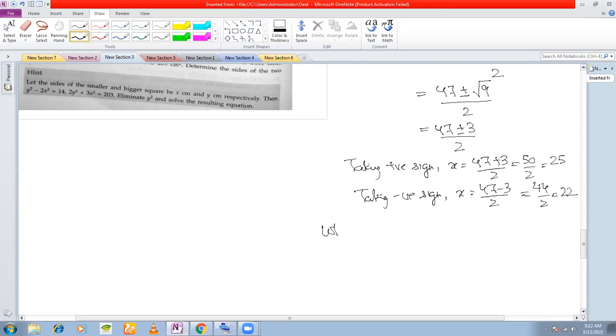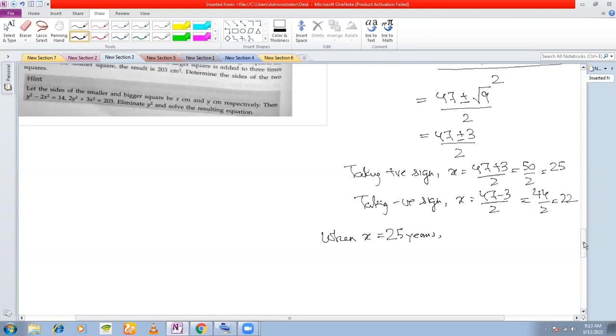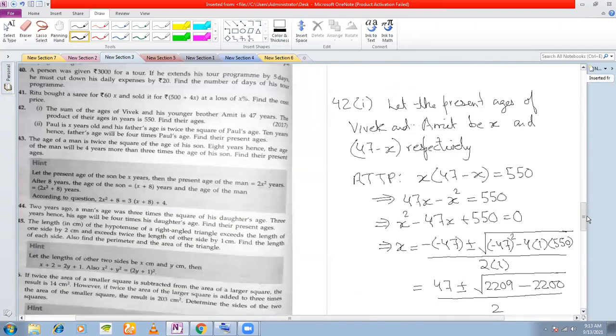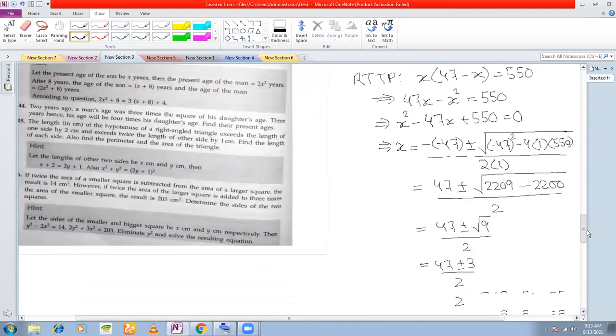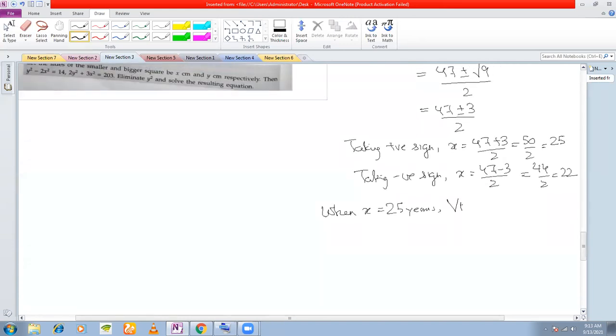So you find out when x is equal to 25 years, what are the two that I have taken? Okay, Vivek's age is equal to 25 years.